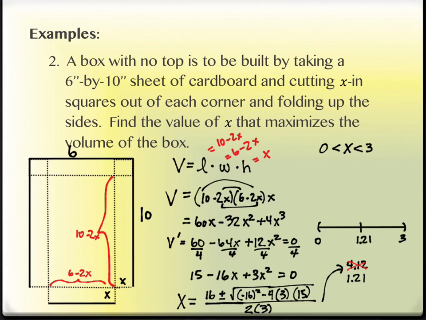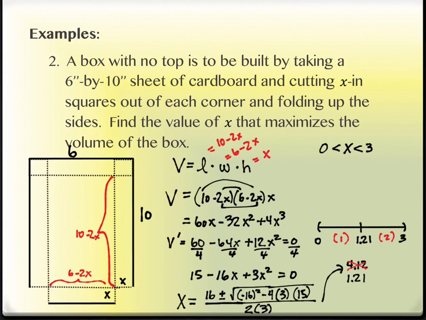What's a value I can test before 1.21? 1. After? Probably 2. And where do I test those numbers? In the derivative. I can use either the 60x minus 32x squared plus 4x cubed, or I can use the one where I divided out the 4. It won't change it, right? Because I divided by a positive number. That doesn't change anything.